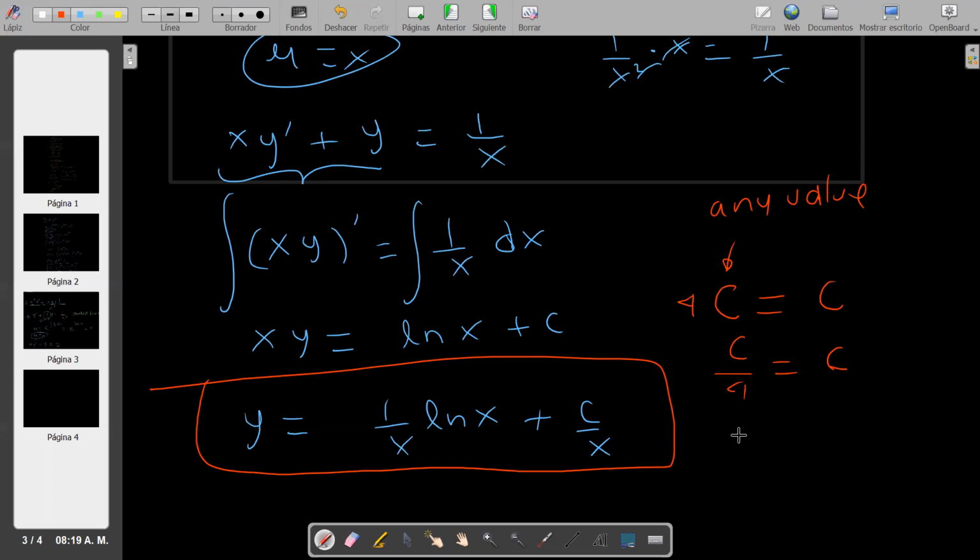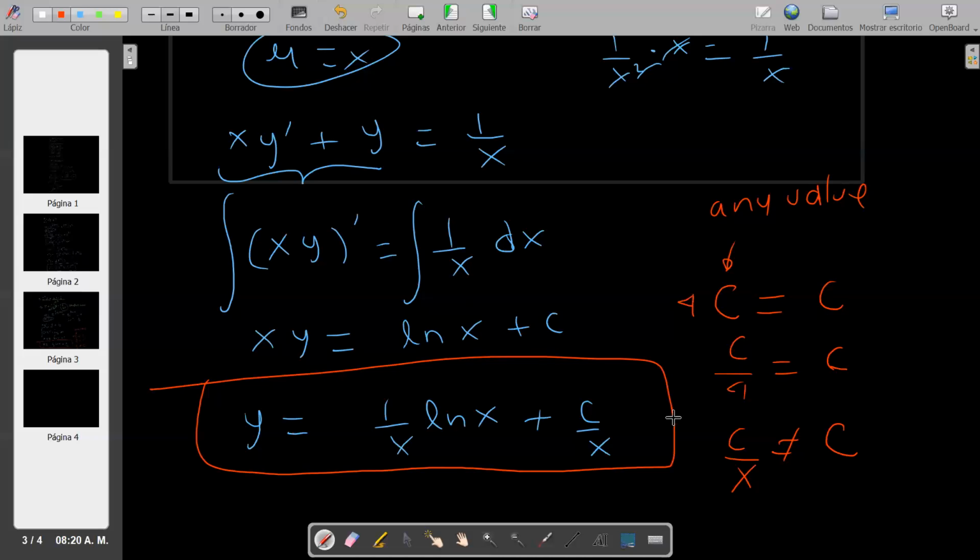But if you have something like this where x is a variable, you no longer can write something like this. Yeah, because x is not a constant, it is a variable.